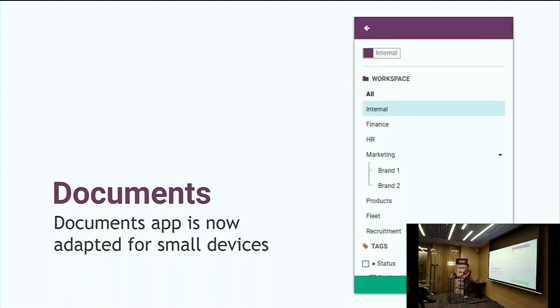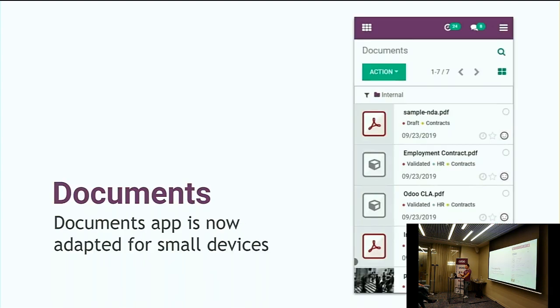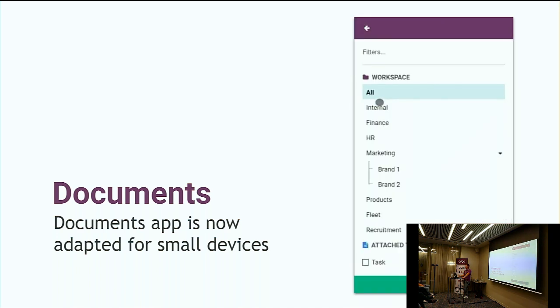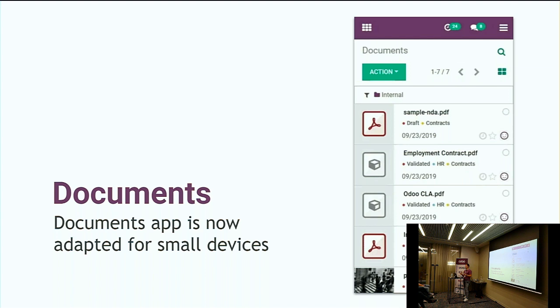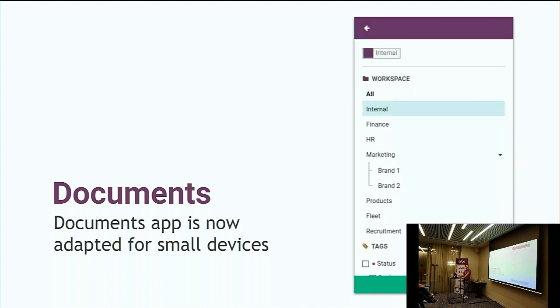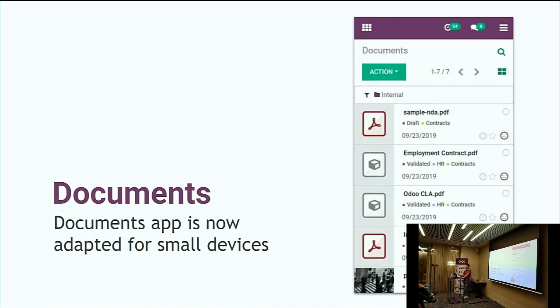In general, the documents application has been reviewed, so now it's fully integrated with the mobile app. For those who don't know, the documents application is really useful if you want to centralize and better organize all your documents within Odoo by folders, etc. You can also, with this application, ask or request a signature from another employee.